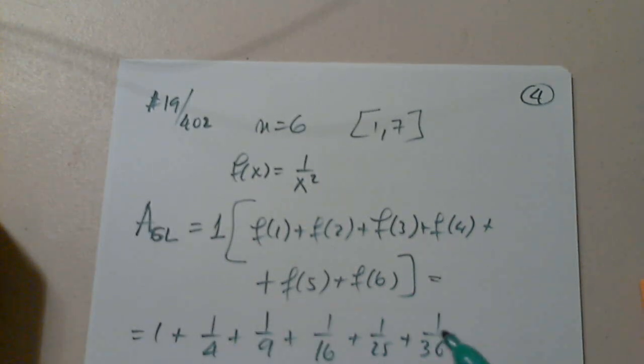Please remember that. So I will approximate this by adding them with the calculator. There is a nicer and easier way, and I will show you how to do that.